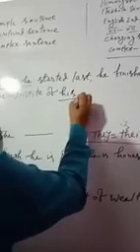When we find she, we can write her. When we find I, its possessive form is my. Here we can write his. His means the possessive form of he.